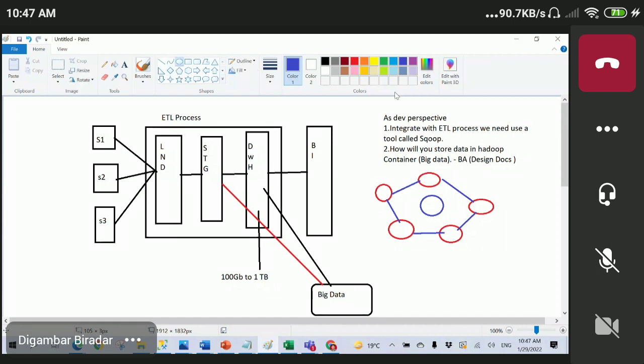So this is called as a cluster. Inside this cluster, this is one system, this is one system, this is one system, this is one system, this is one system. Now it is integrated to these systems.